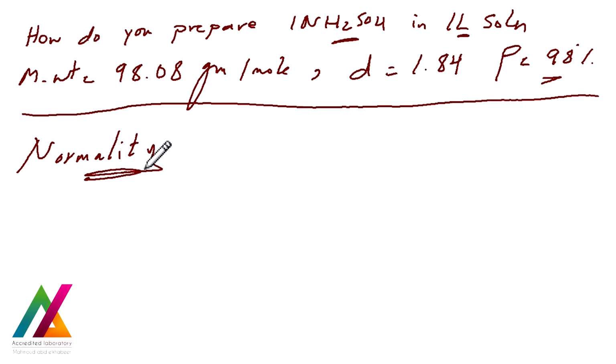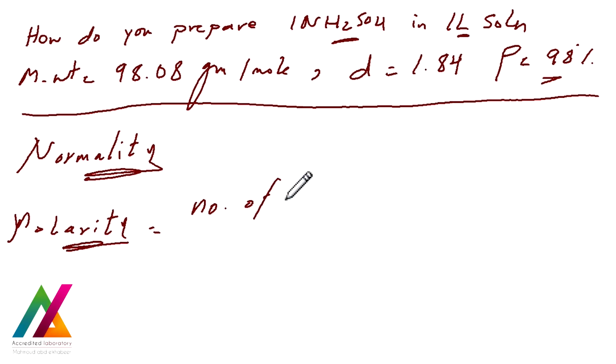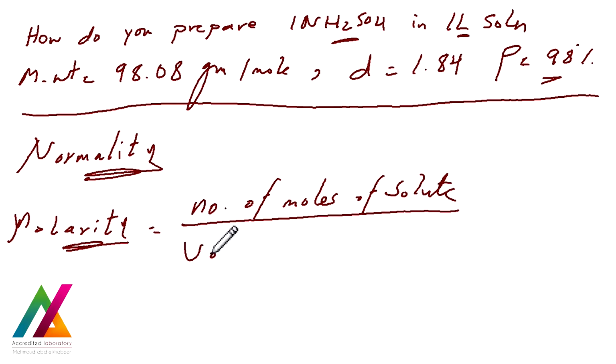In the previous lecture I have explained molarity, which is equal to the number of moles of solute, or substance of solute, divided by the volume of solution in liter.